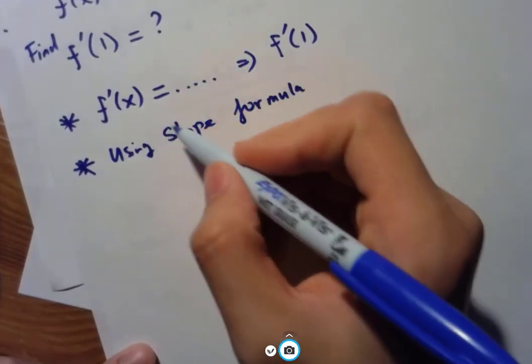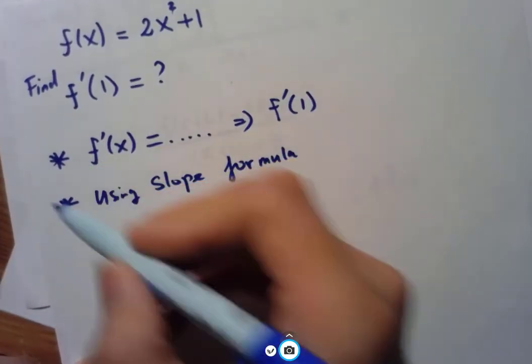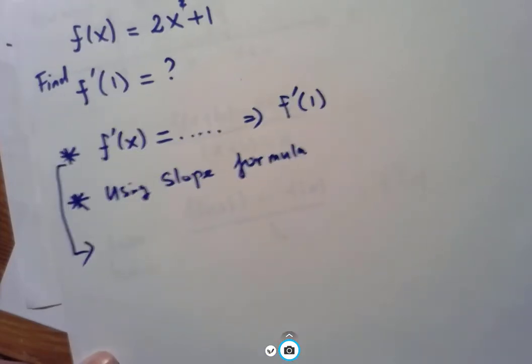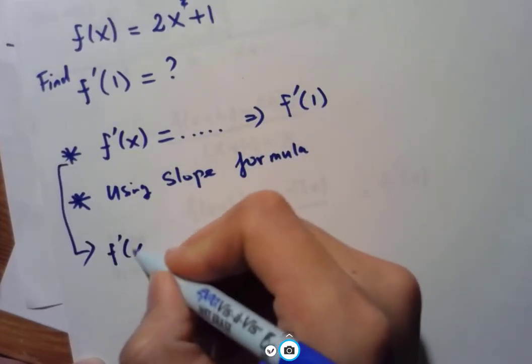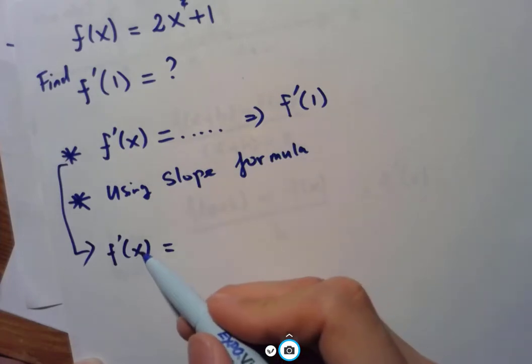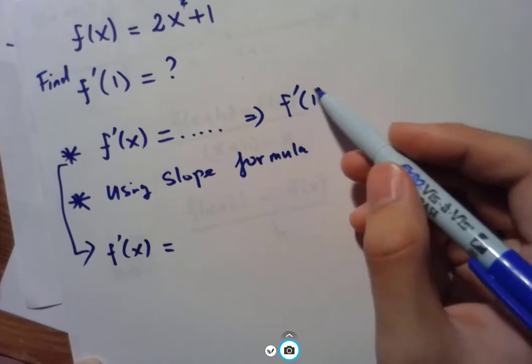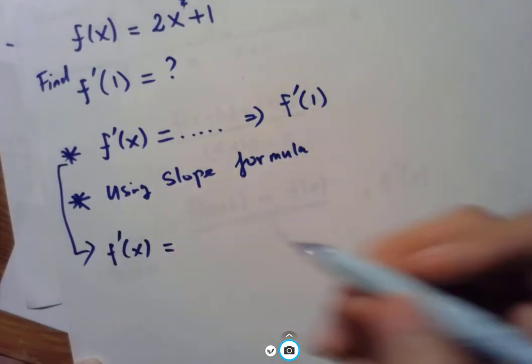I'm choosing the first method here. So f prime first, and then do the substitution of x to be 1, and then you get the f prime of 1 here.